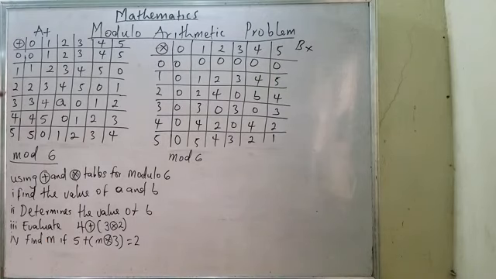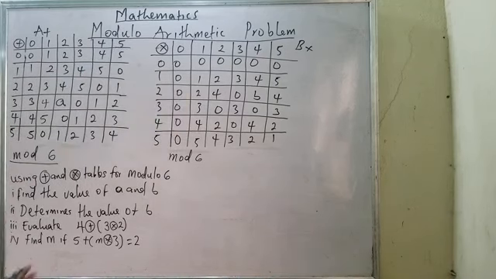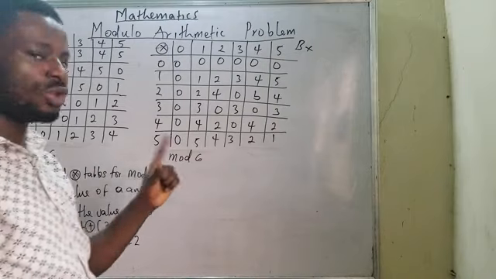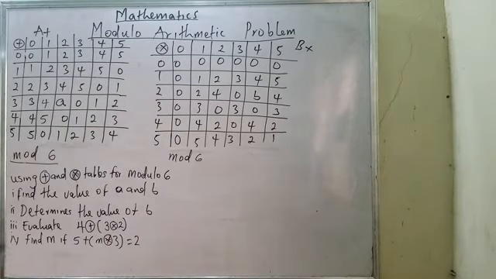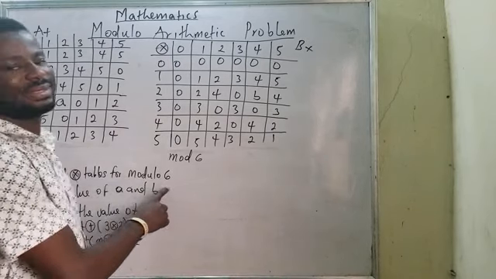The addition is generated here, while multiplication is generated here. Since we have that, you are now asked to work modulo 6, don't forget. Use the plus operation and multiplication table for modulo 6.